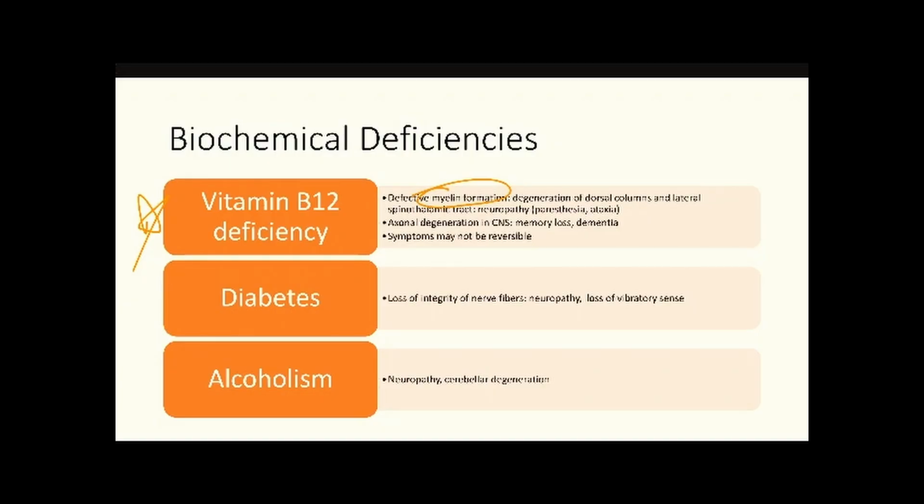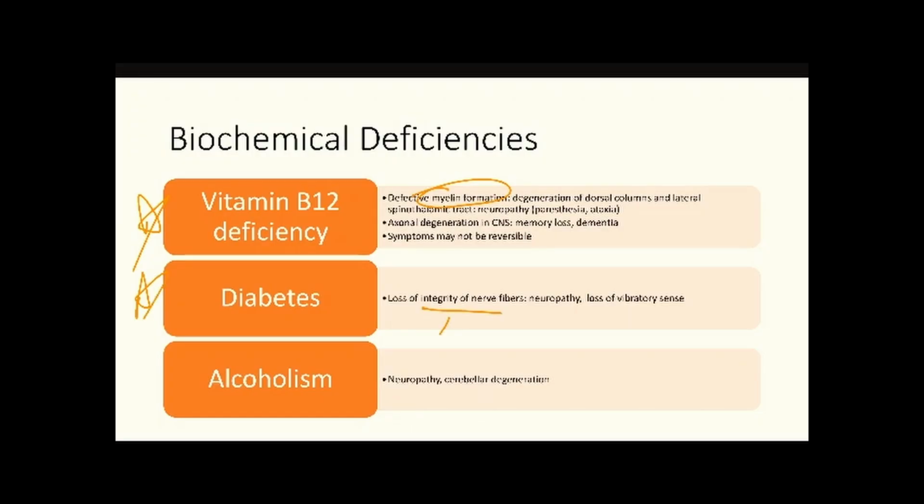The spinothalamic tract, is that a sensory or is that a motor tract? Sensory, spine to the thalamus, spinothalamic, sensory. Causes some axonal degeneration in the central nervous system. So again, B12 deficiency.